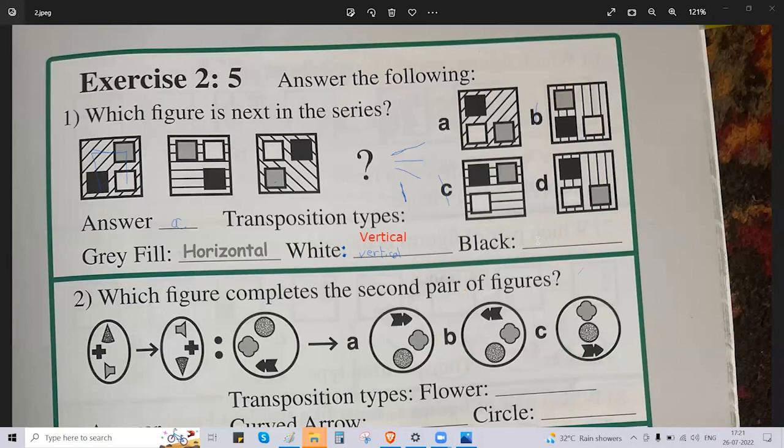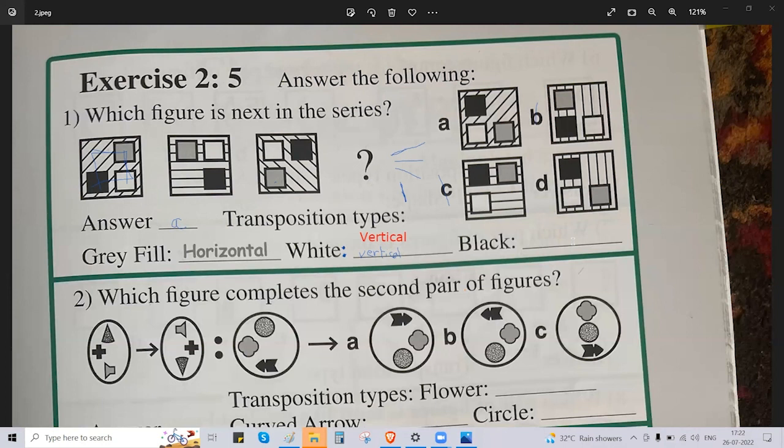The black one is, so let's see, it's going here and it's going up. Is it horizontal? Are you sure or are you just guessing? I'll change my answer. Is it vertical? Okay, why vertical?